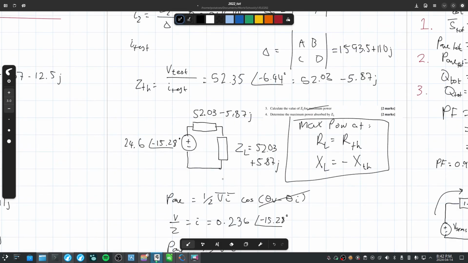Why are we finding P average? Because it asks us to. It asks to find the maximum power absorbed by the load. Well, I don't know. It's not entirely clear. I think what it's asking for, I would write this down as an assumption. It's asking for the maximum average power that this absorbs.